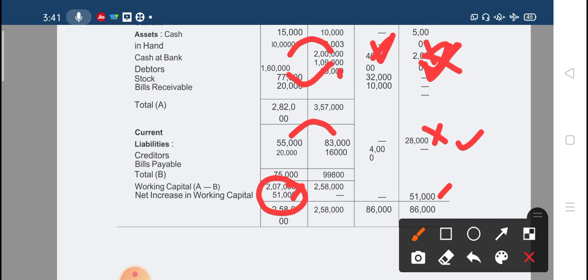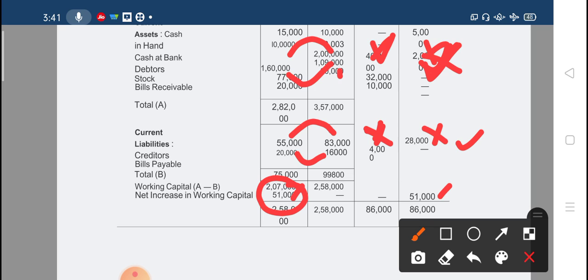And the same thing, if the amount is decreased in current liability, the difference amount is written in the increase column. It is treated as an increase in current liability.